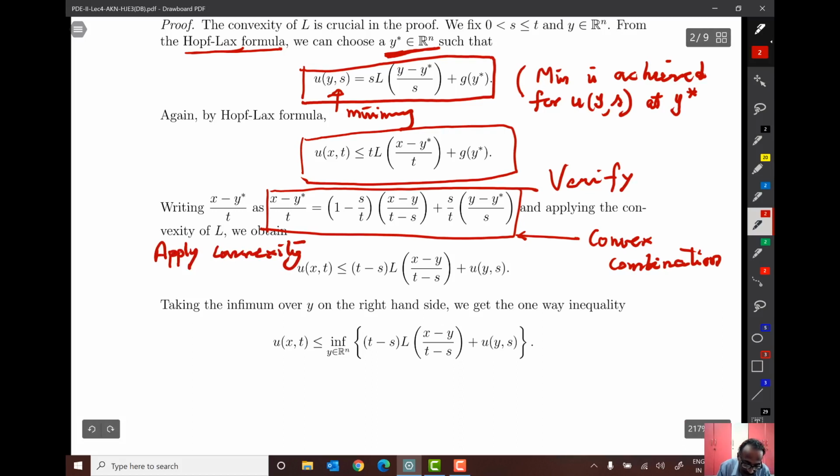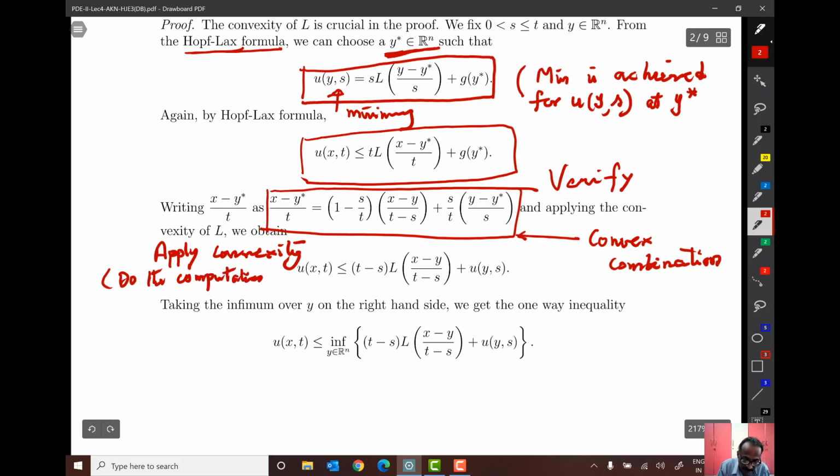Apply convexity, what you will get? You will get L of x minus y star by t is less than or equal to 1 minus s by t into L of this one plus s by t, L of that. So you can apply convexity and use this one, and you will have a term and then use this term together. I have left some computations here. Do the computations, okay? That's an exercise. Some computations I have left, which you have to do.